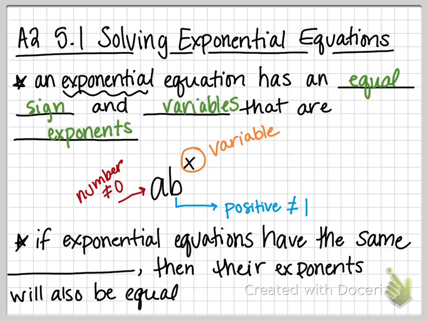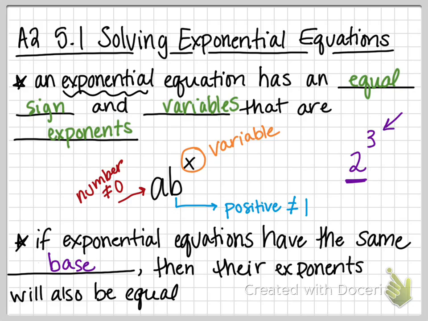So then the last thing is that, if exponential equations have the same base, and this is how we're going to solve them, and the base is the number that's down here. This is the base. This is the exponent.